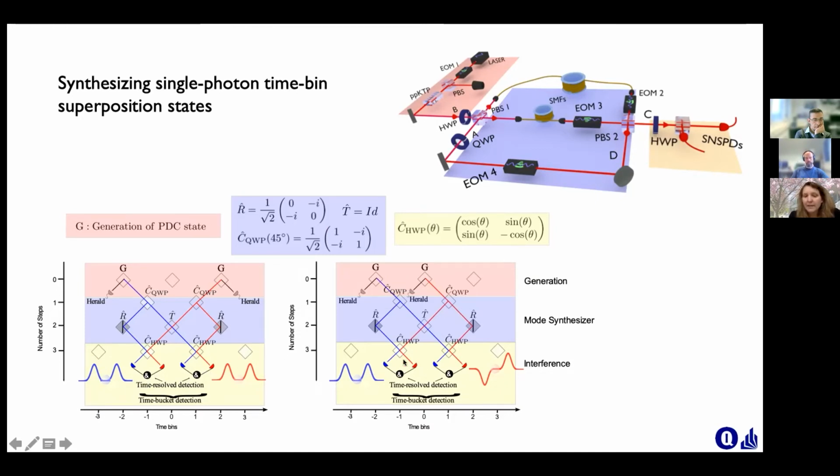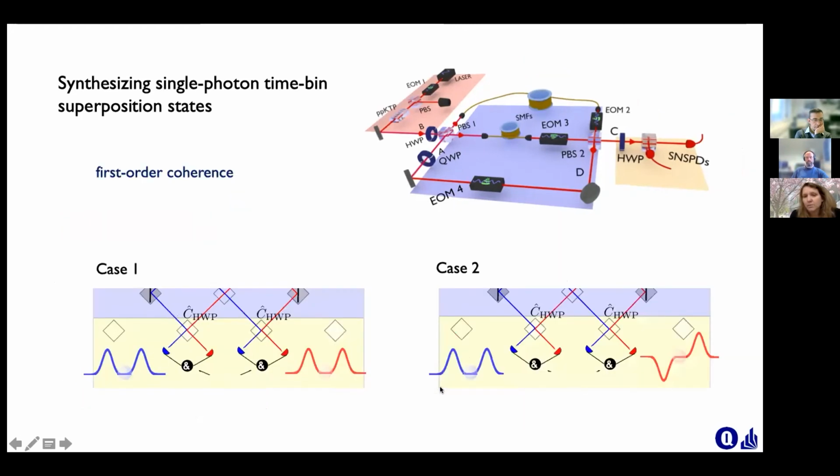Now, in the second phase, we did the same detection, but we programmed that blue network in a different way. Again, we had the same amplitudes, but we introduced a 180 degree phase between those two. And then we studied again this time resolved versus time bucket detection.